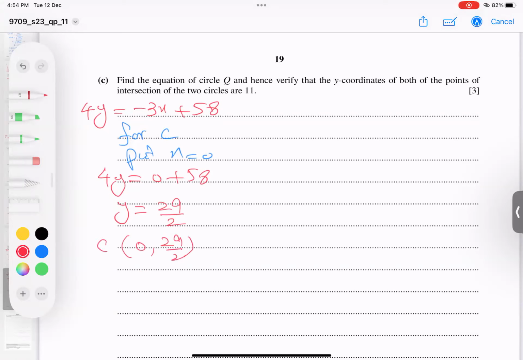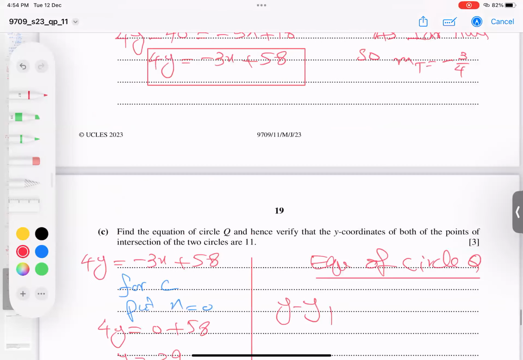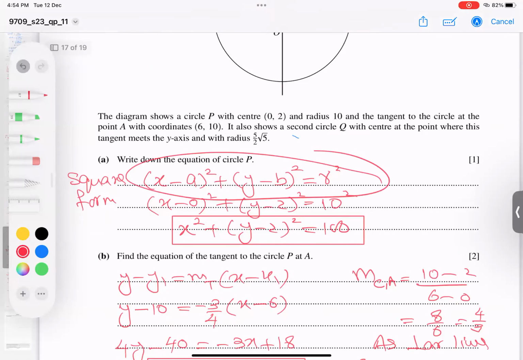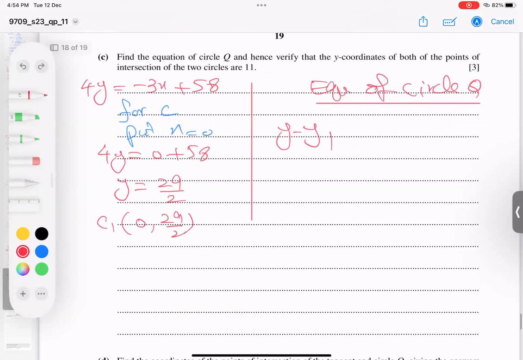This is C1. And how do we find the equation of a circle, students? Equation of circle Q. You know the basic formula, students? As I have done on the top, same formula, I'm writing it here. Equation of a circle: x minus a whole square plus y minus b whole square equals r square.